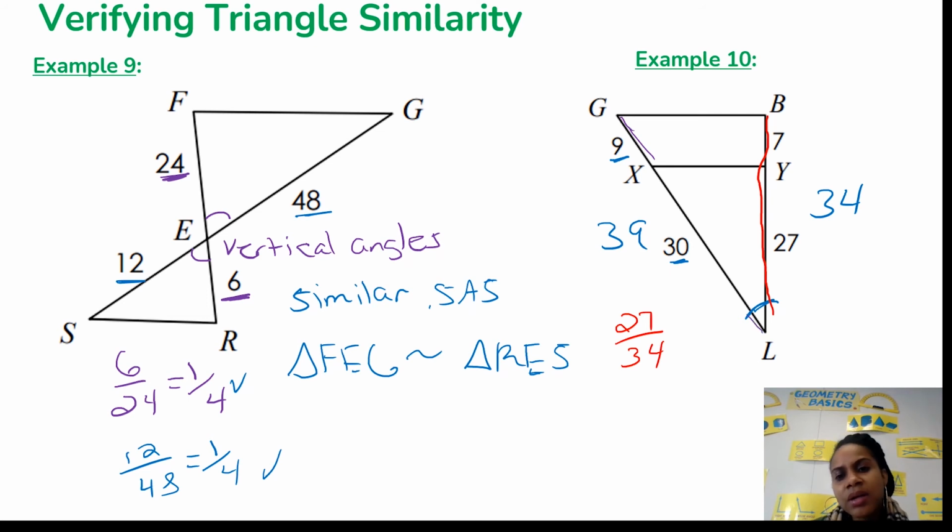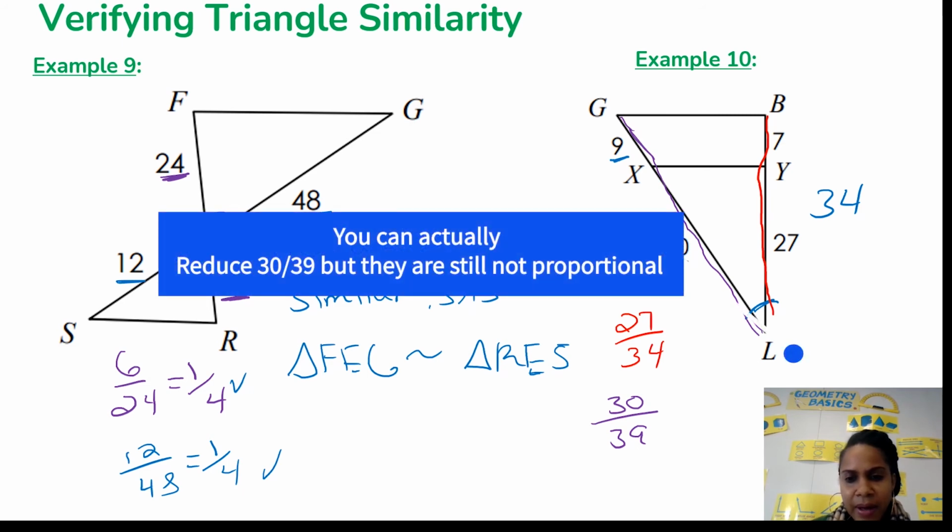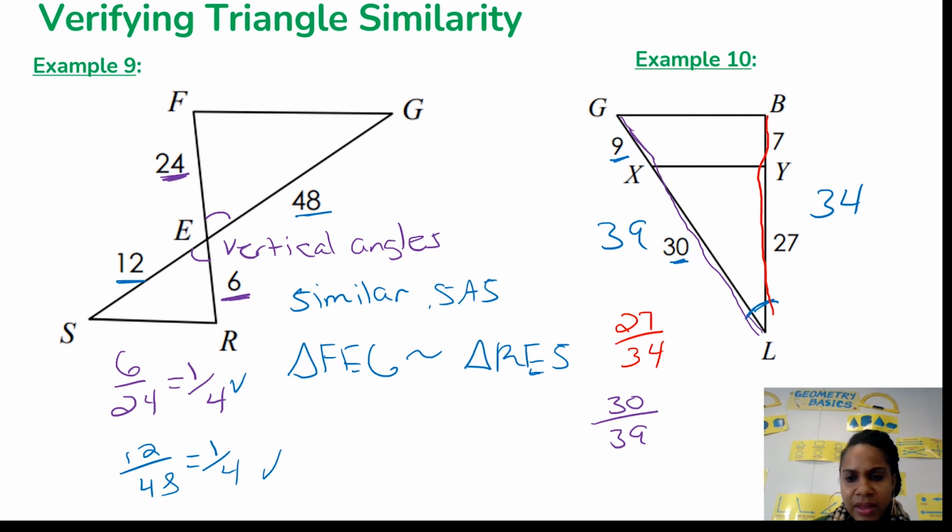The length of that smaller triangle would be 30 over 39. We can't reduce them, right? So we could see that these are not proportional, and so these triangles would not be similar. So although they have an included angle, they are not similar because the sides are not proportional.